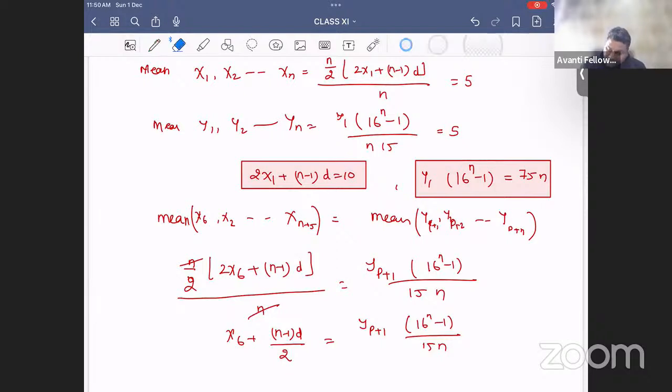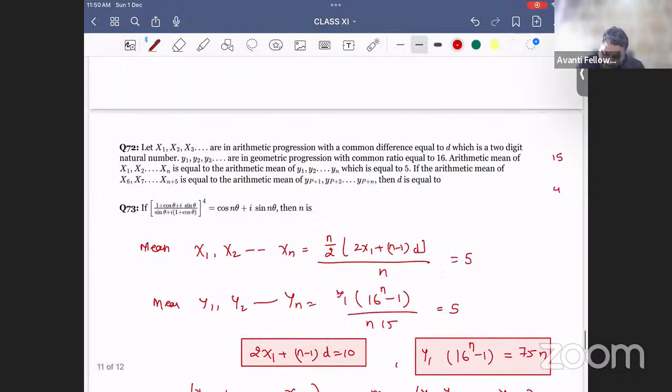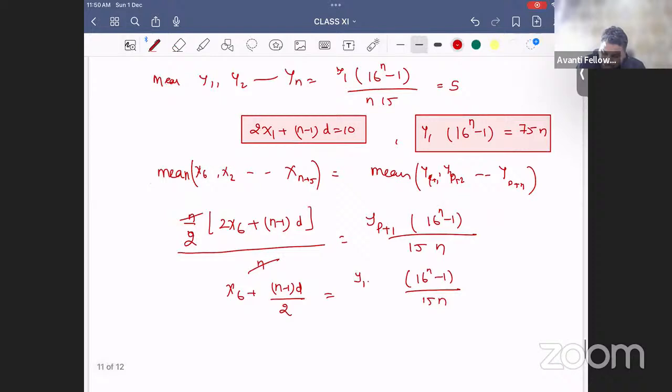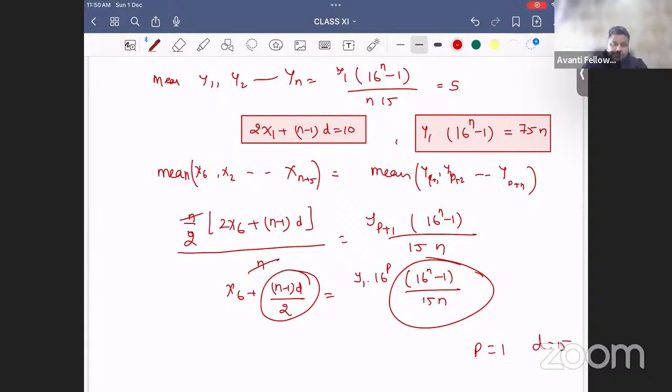This yp plus 1 will be what? y1 into common ratio of the GP, 16 to the power p. Correct? Now replace this value, you will get your answer. Got it? Finally, you will get p as 1 and d as 15.